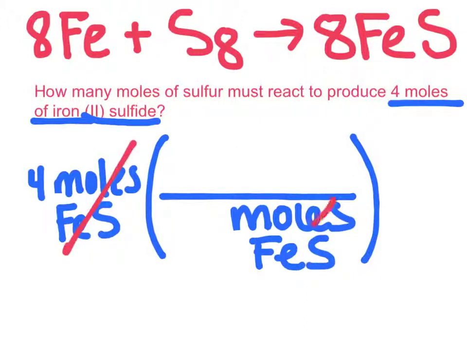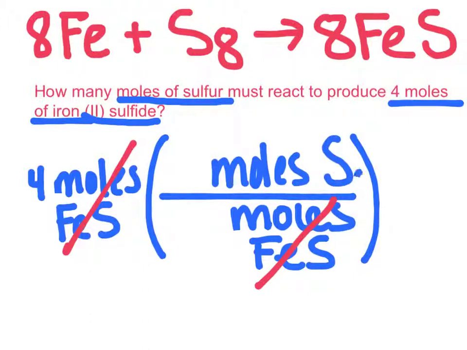By doing that, they cancel out. Okay, that's the rule. And so what goes on top? It's what we're trying to get to. So what is the problem asking you to find? Moles of sulfur, so let's put that on top.